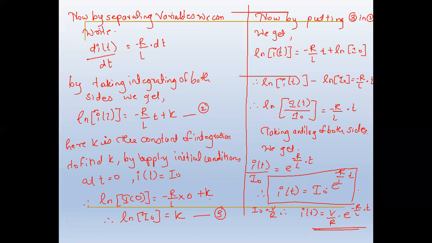Let us call this equation number 4, and this one equation number 5. This equation contains the exponential term, and the power of the exponential term is negative, that is minus R by L. Thus the current through the inductor decays exponentially. Keep that in mind. Hope you have understood this point.